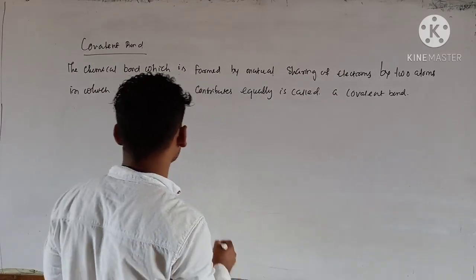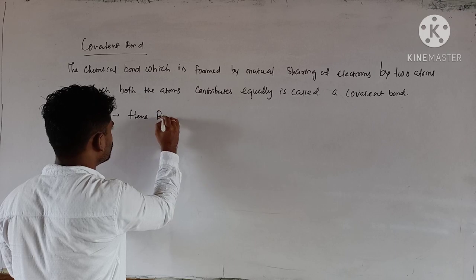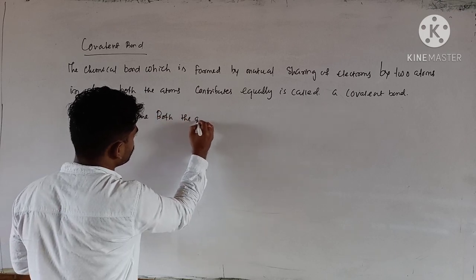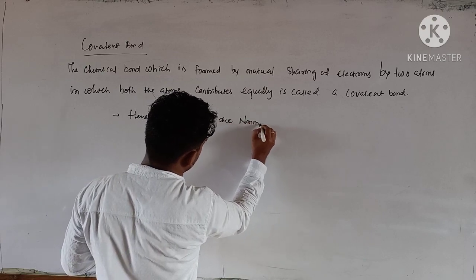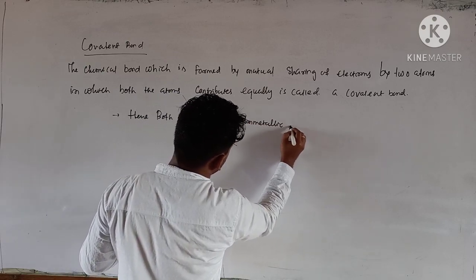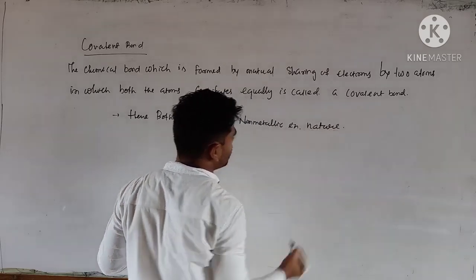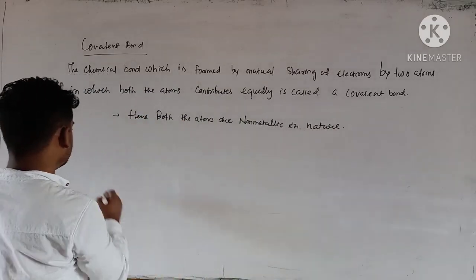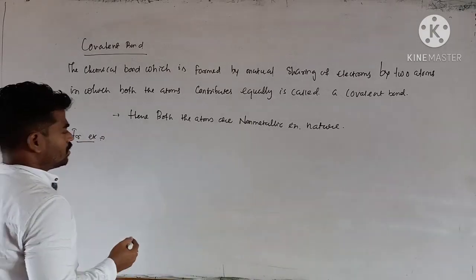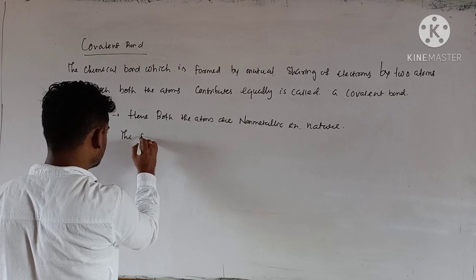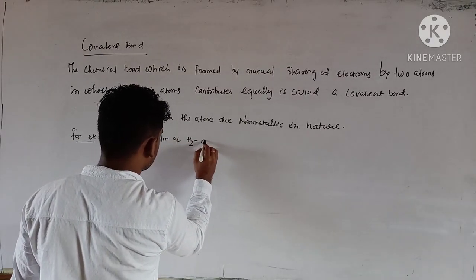As for the nature of the two atoms, both atoms are generally non-metallic in nature. For example, consider the formation of a hydrogen molecule, H2.